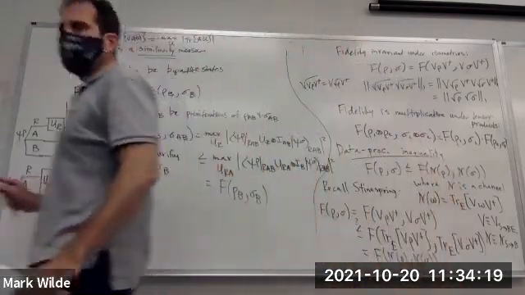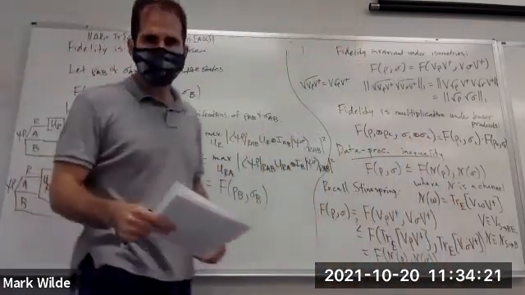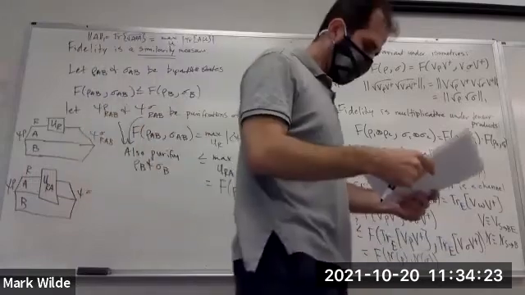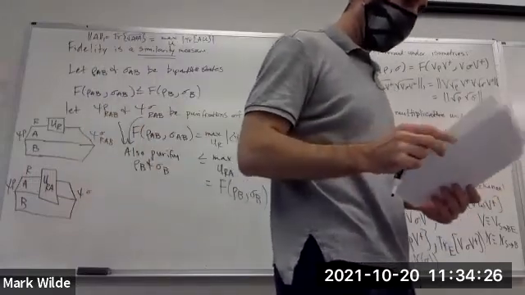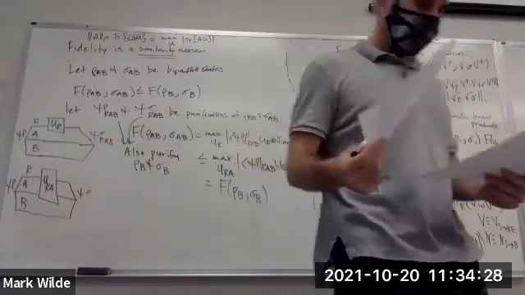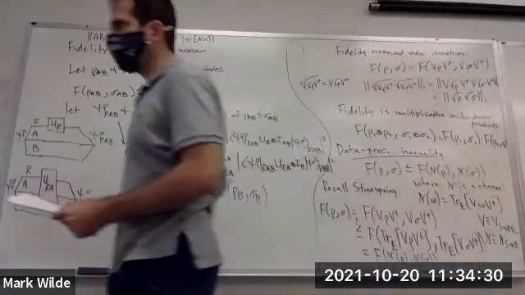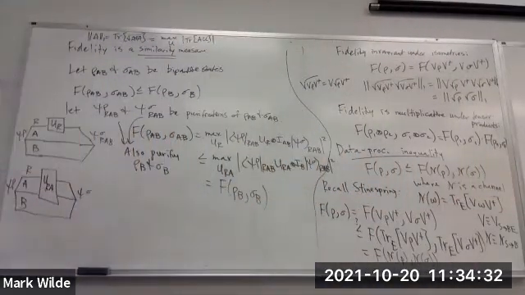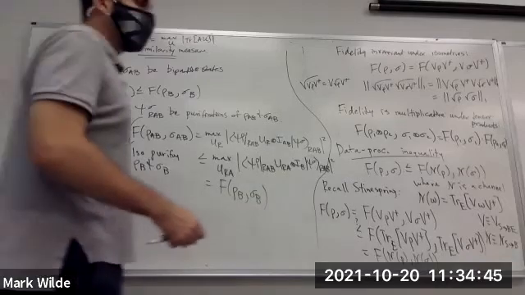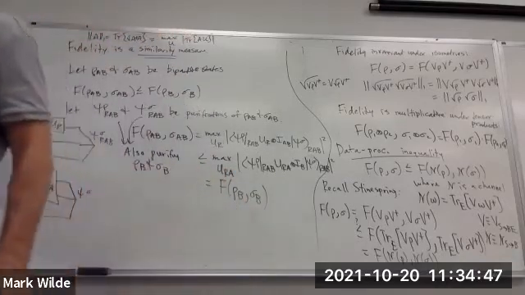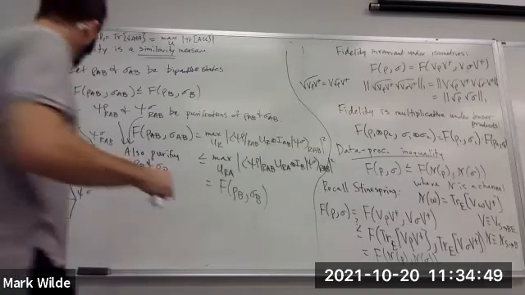There's another way you can prove data processing, using something that I think we'll possibly get to. There's a way to write fidelity as a minimization over the classical fidelity of probability distributions that result from measurements. Why don't I just show that now? It's a completely different way to think about it.